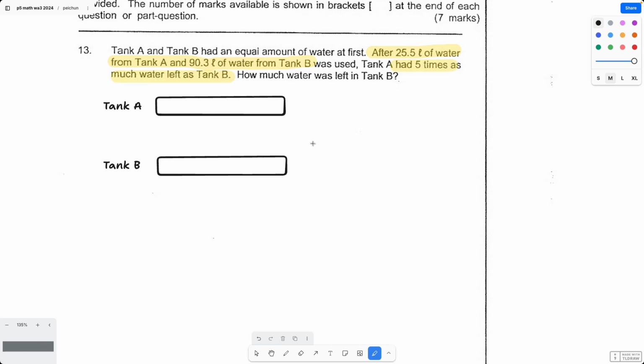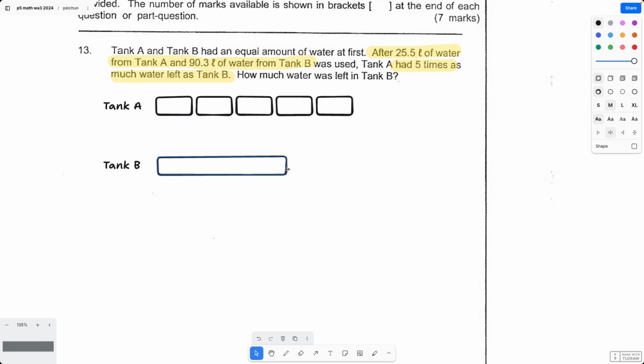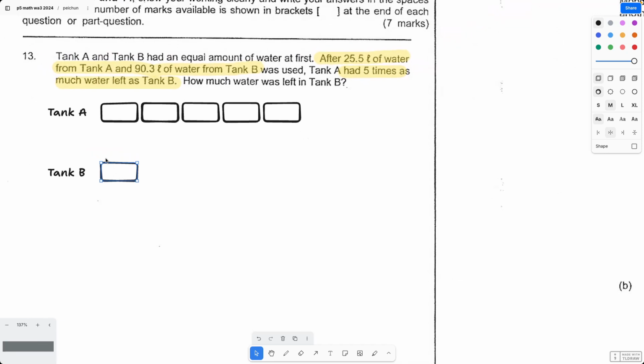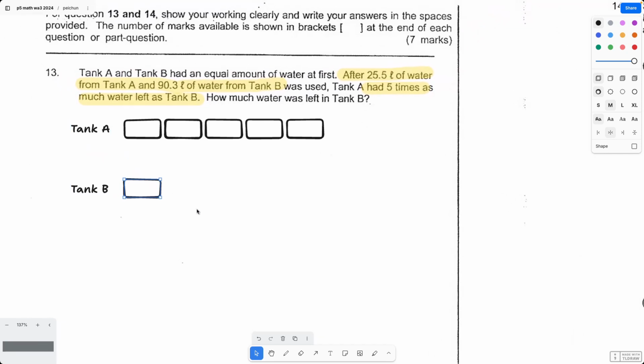So in essence, for tank A, we're going to say that it's 5 times more. So 1, 2, 3, 4, 5, and then this will be just one more like this. Let me just delete this and put this over here. Okay, never mind. Over here, right? Tank B becomes 5 times the water.